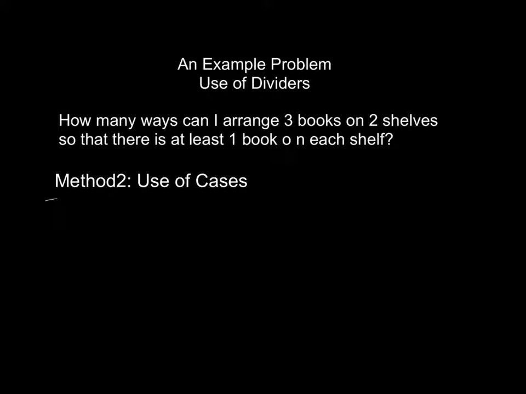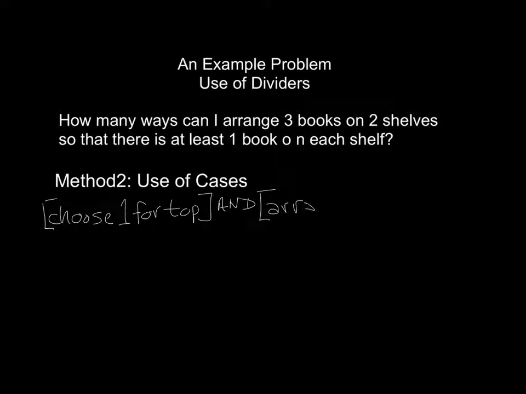So the first case we could do is we could choose 1 book for the top shelf. And then we'll have 2 books on the bottom. We're left with 2 on the bottom, and we'll arrange those 2 books.